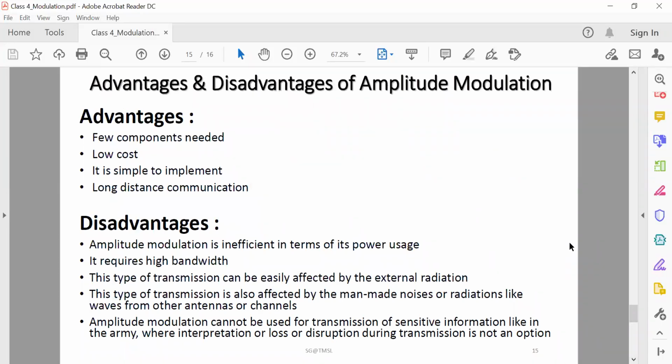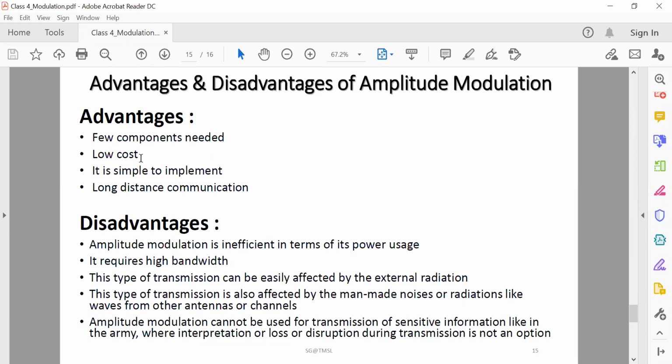So now there are certain advantages and disadvantages for the amplitude modulation technique. The advantages are that few components are needed at the receiver side. The original signal is extracted or demodulated using a circuit consisting of very few components. Okay, the cost will be minimized.